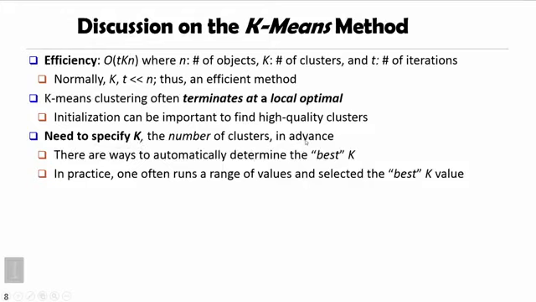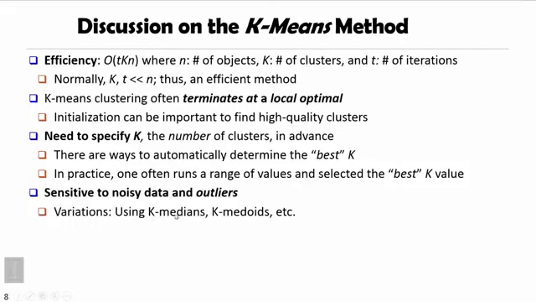We need to specify this in advance for the k-means algorithm. There are many ways to automatically determine the best k, and lots of research papers contribute to this. In practice, you can also run a range of values for k, then select which one is the best.